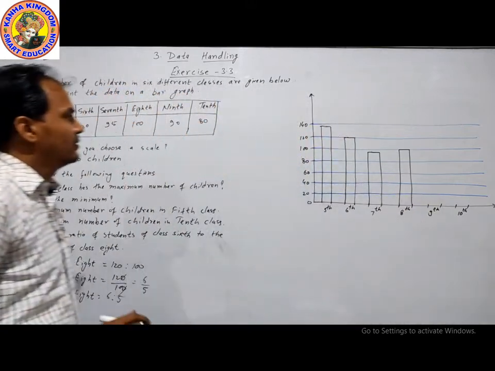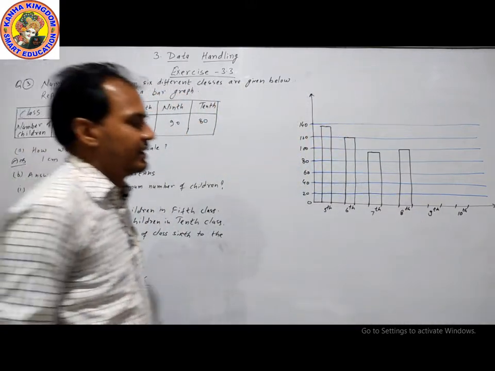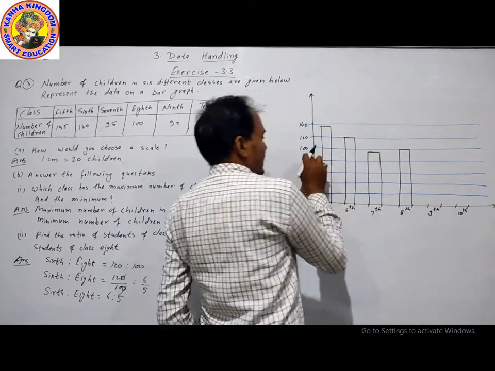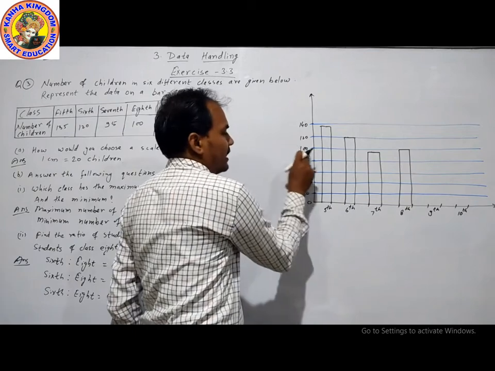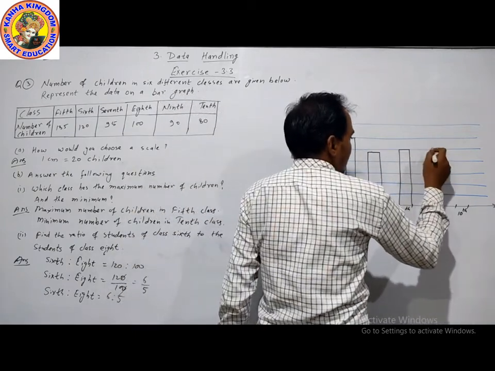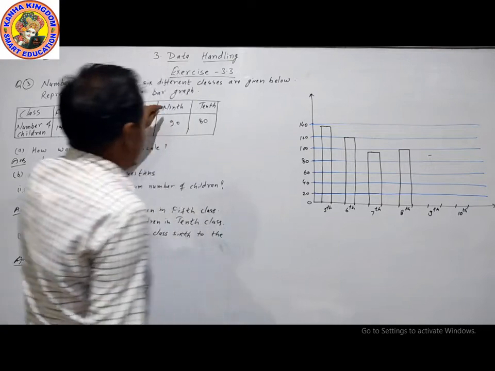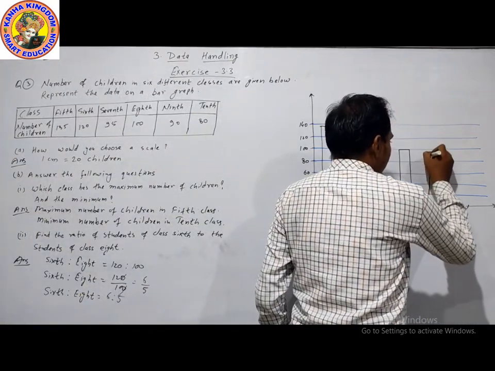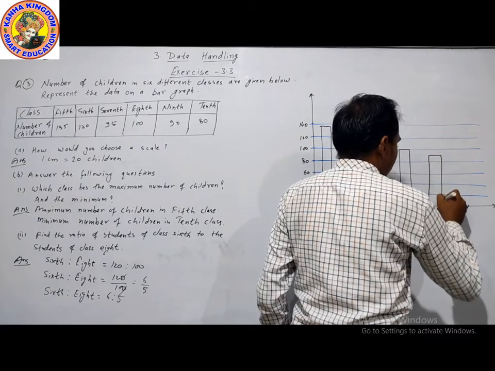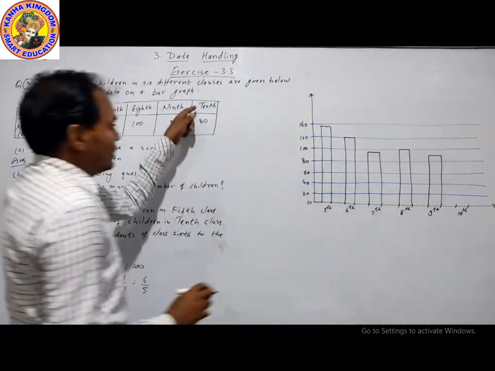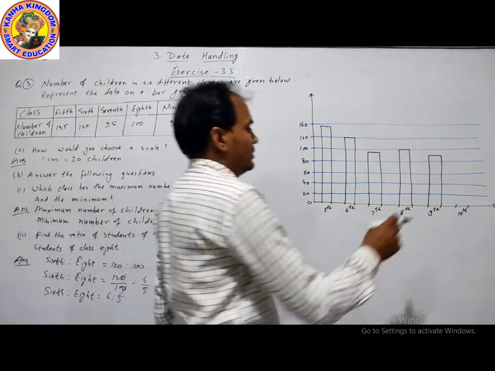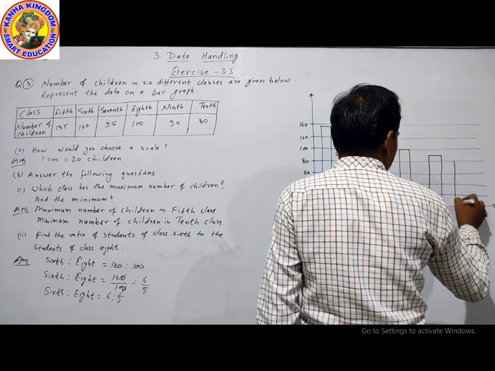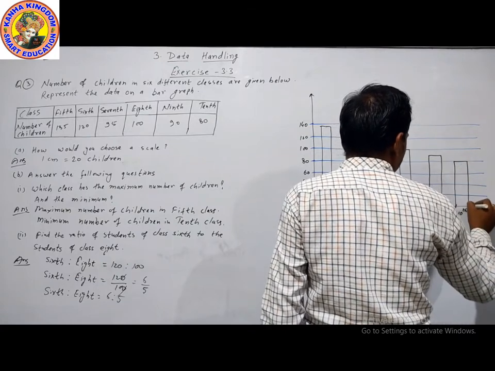This is 100. Now in 9th, 90. Between 80 and 100, here is 90. In 9th class 90. In 10th class 80. Here is the 10th class. This is over 80.